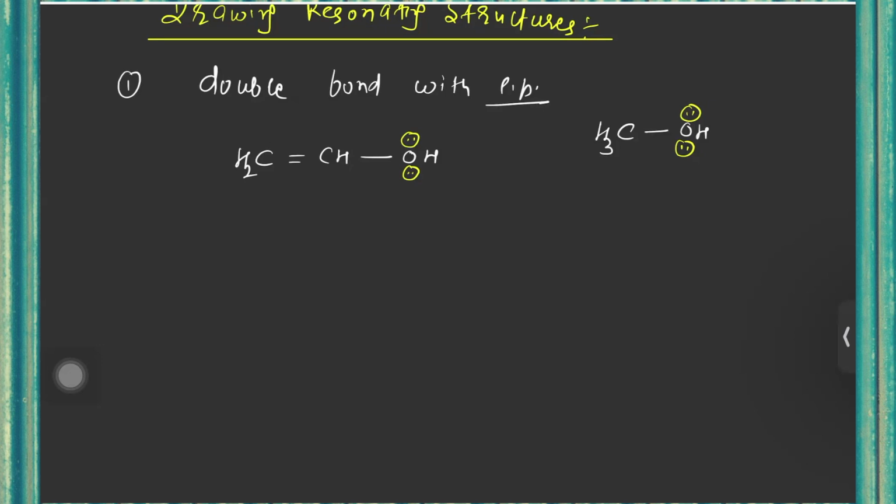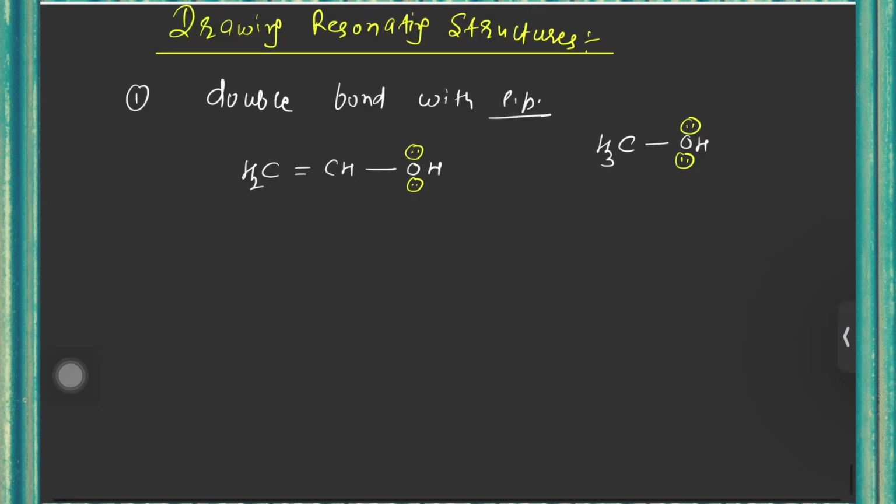But currently we need this, so I'm giving you a brief on how to find the hybridization. To find the hybridization, we count the lone pairs plus sigma bonds. For an atom, you have to count the lone pairs and the sigma bonds, and that will give you the number of hybrid orbitals.